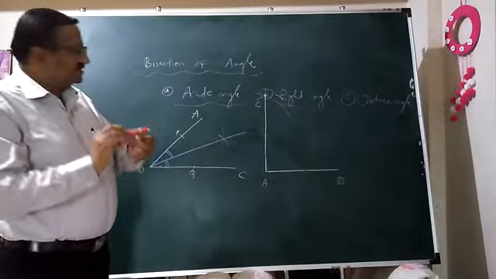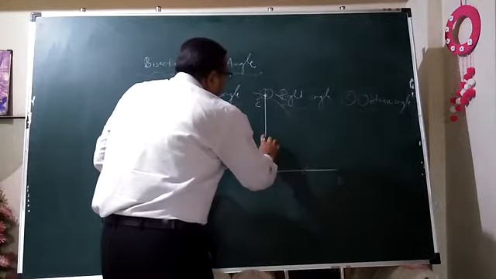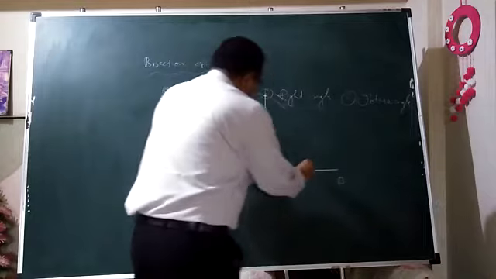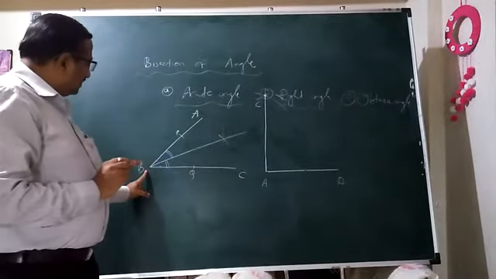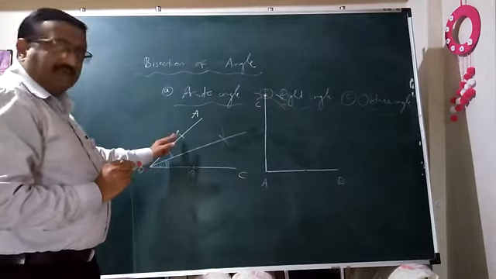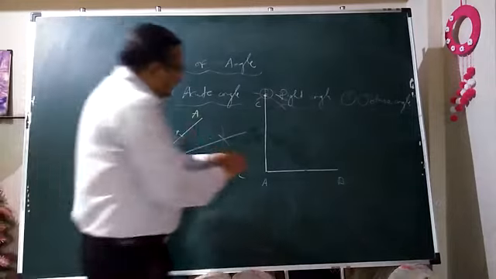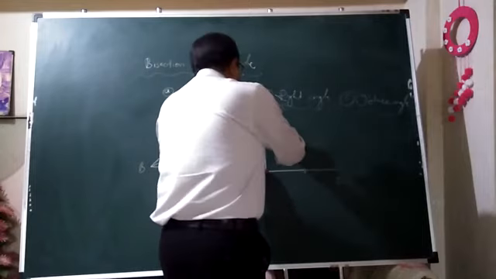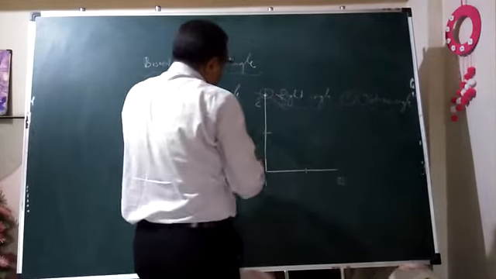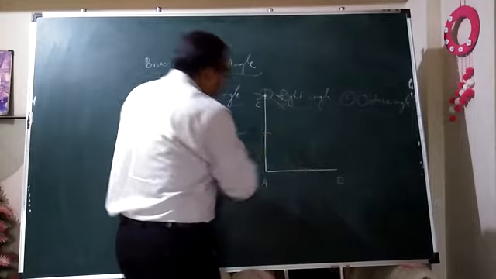Pick any convenient radius in the compass and get two arcs from A only. From B we have marked in this way, Q and P, equidistant from B. Similarly, with the same distance from A, get the first arc here, second arc here. Now, intersecting arcs from both these points.